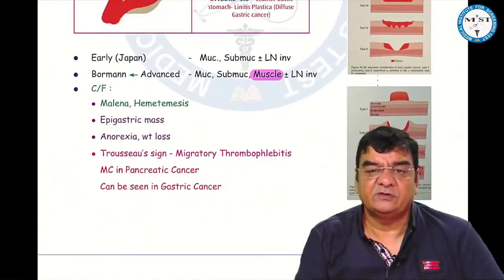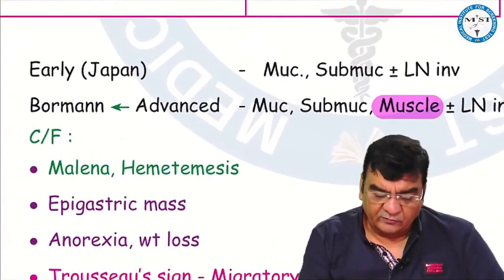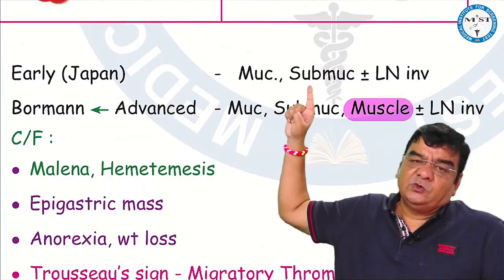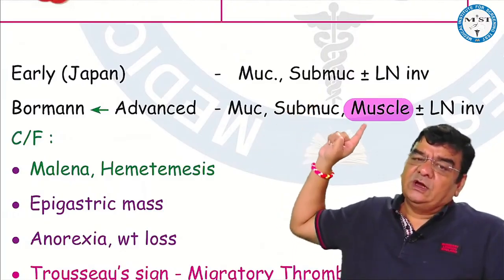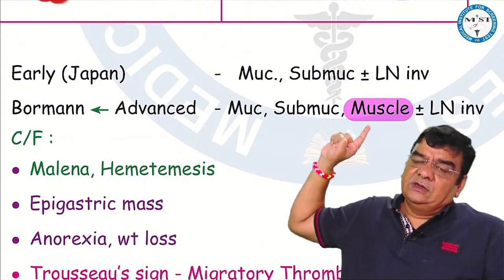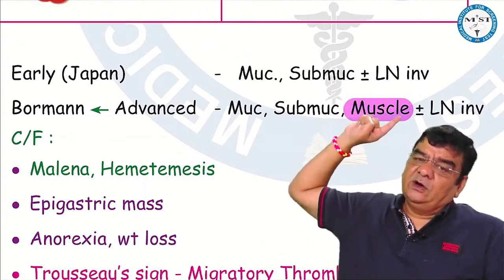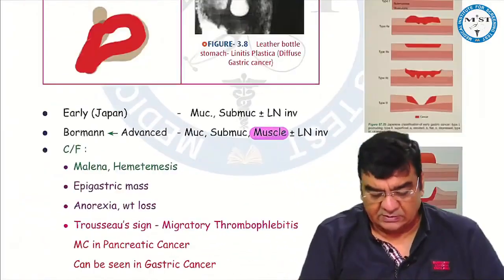Now, the basic difference between early and advanced gastric cancer is the involvement of muscle. Till the time the disease remains confined to mucosa, submucosa, it is early. But as soon as the disease goes from mucosa, submucosa into the muscle, that is advanced. Lymph node involvement does not decide early or advanced. This lymph node involvement can be seen in both early and advanced.